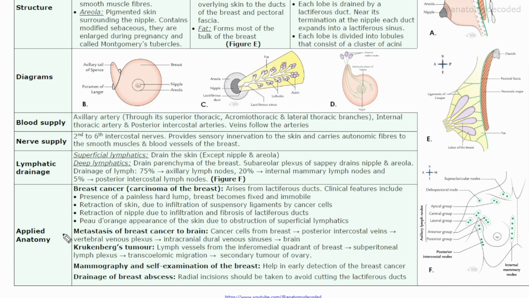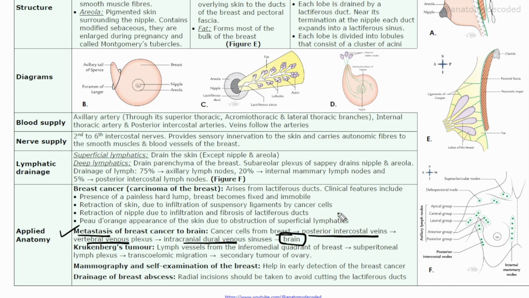And if breast cancer is there, it may go to different regions of the body, which is referred to as metastasis. Cancer cells from the breast can go to the posterior intercostal veins, to the vertebral venous plexus, to the intracranial dural venous sinuses, and to the brain. You may be asked about the route of spread of breast cancer from the breast to the brain.